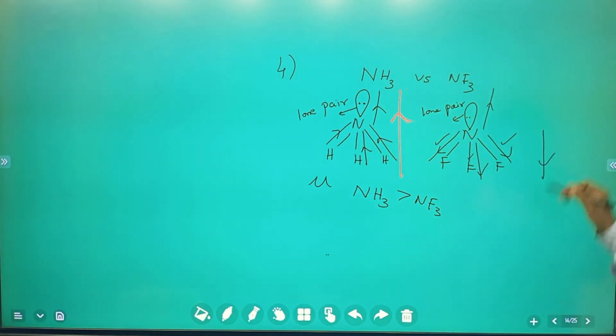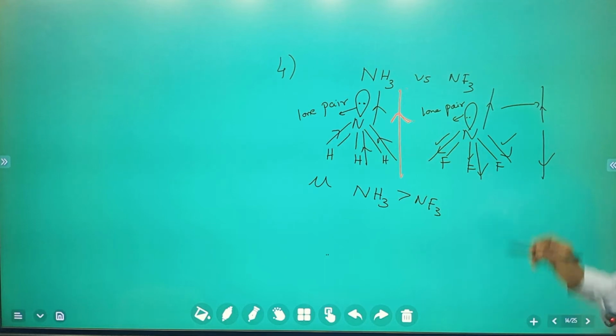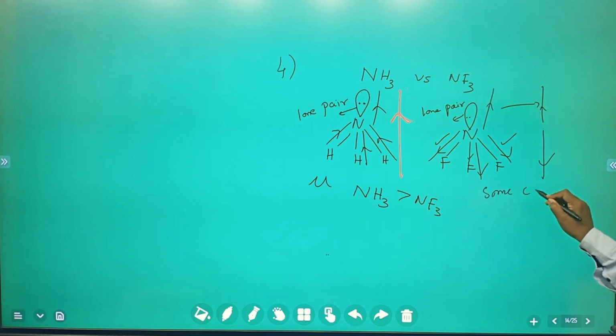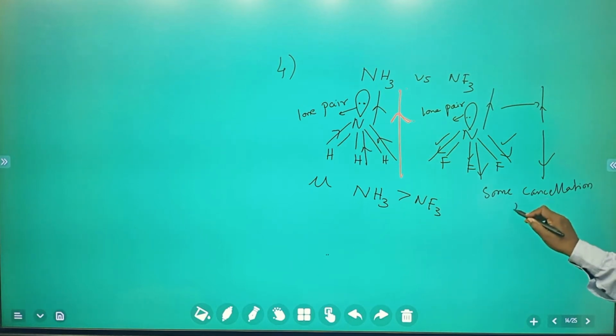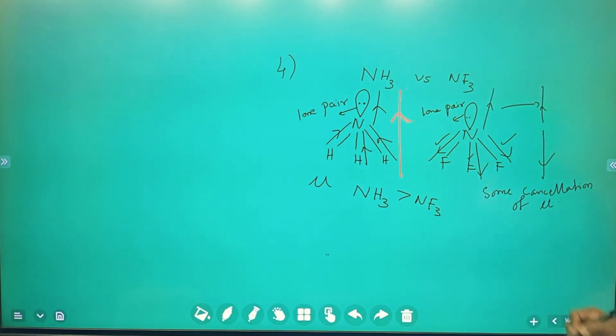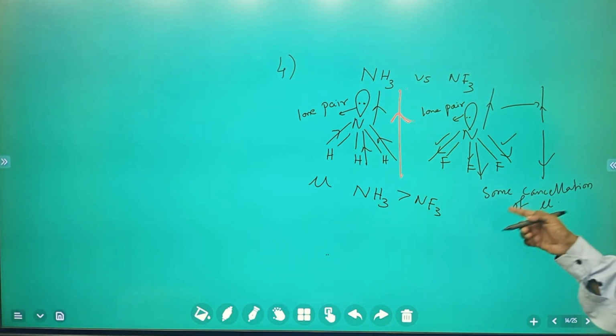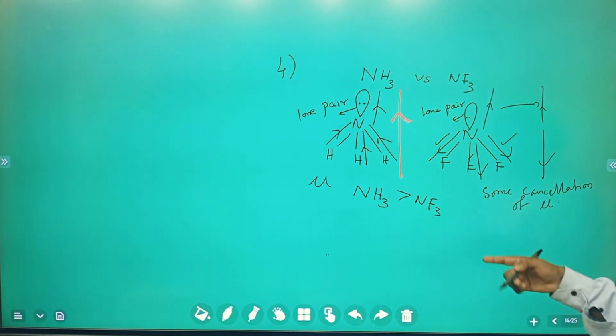They are getting added up. But this one is going in the upward direction. So there will be some cancellation of dipole moment, mu. Something will get cancelled. So as a result, this will have less dipole moment. Okay, NF3 will have less.